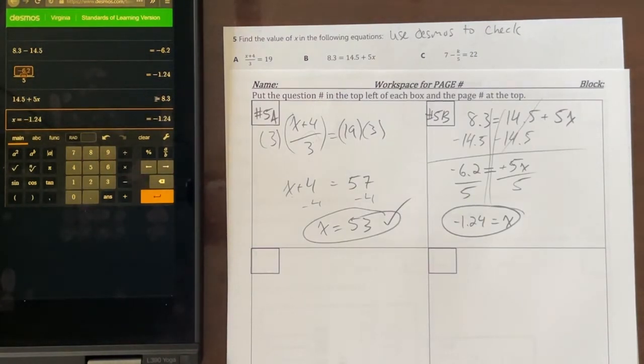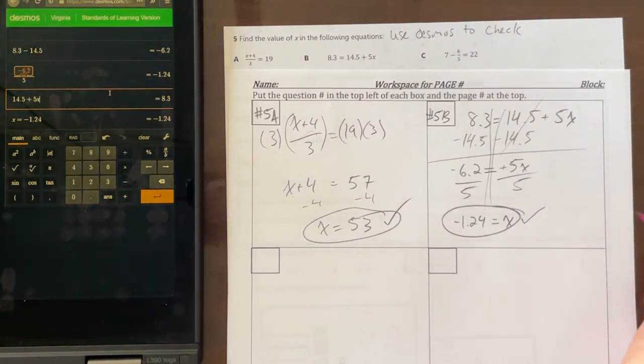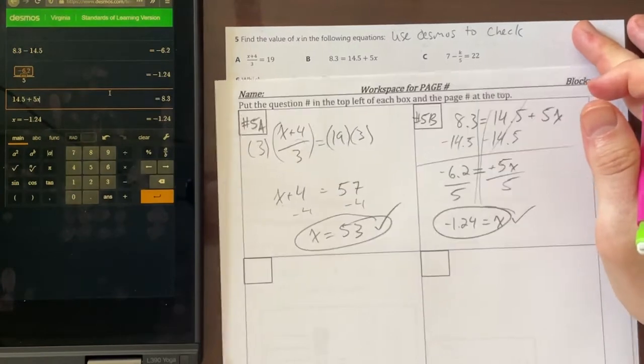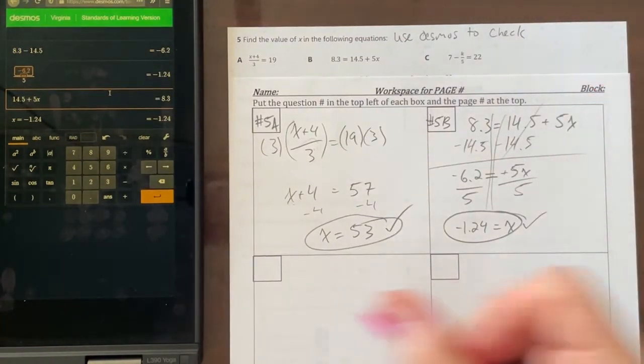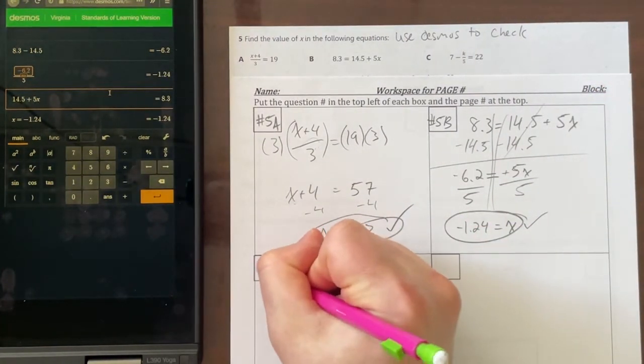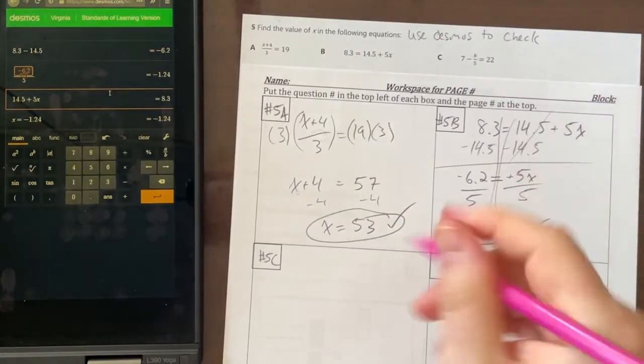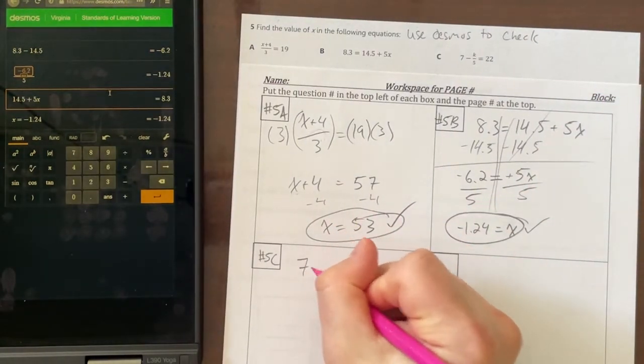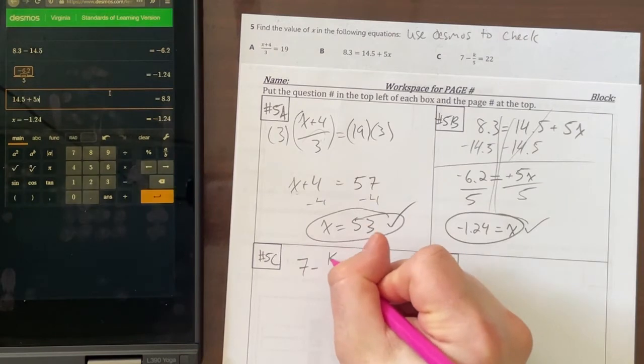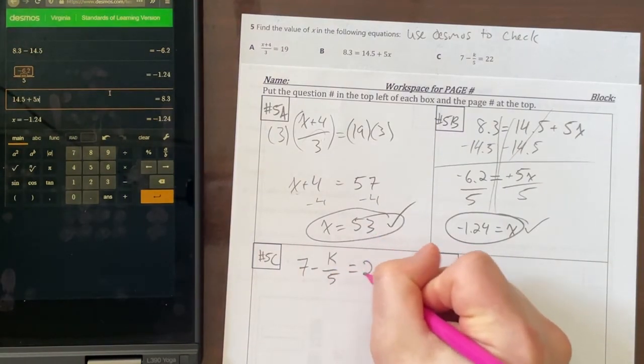And yes, indeed, again, since that's our equation that we originally had, we know this is true. All right, and then for number 5c, we have this equation: 7 minus k over 5 is equal to 22.